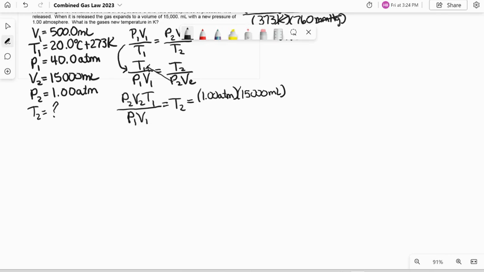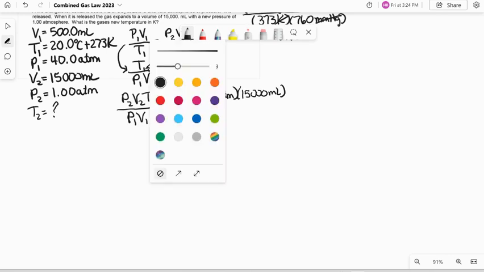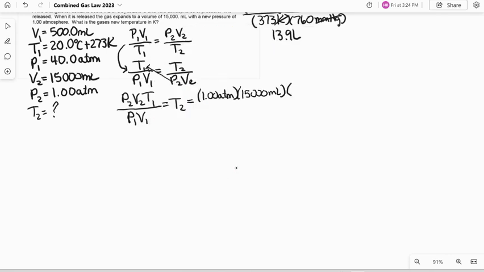And T1 is 273 plus 20, or 293 K. And all of that's going to be over P1, our high pressure of 40 atmospheres, and V1, which is 500 milliliters.